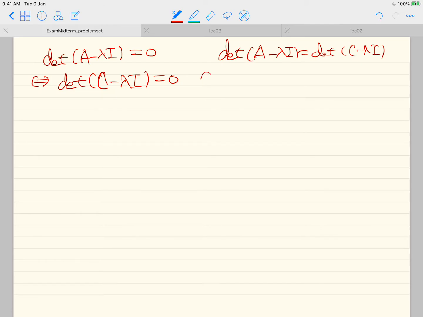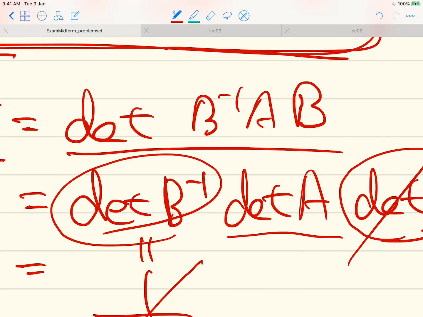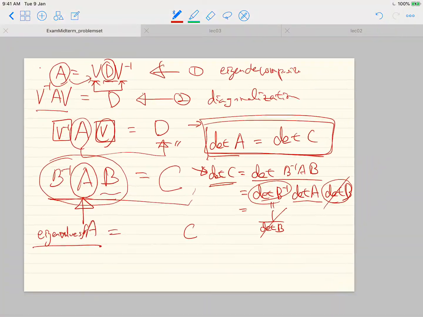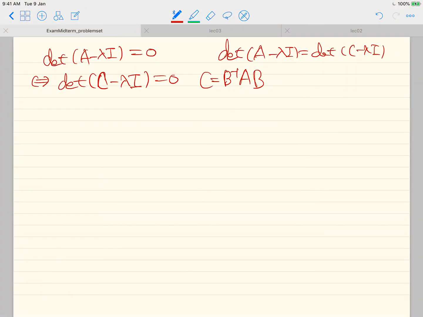C is, again, B inverse A B. In this similarity transformation, we can freely choose whatever B as long as this matrix B is invertible, right? So whatever B we choose, they will be cancelled out in this form, and thus the determinant will remain the same. And also, these two characteristic polynomials will be the same, so let's prove it.